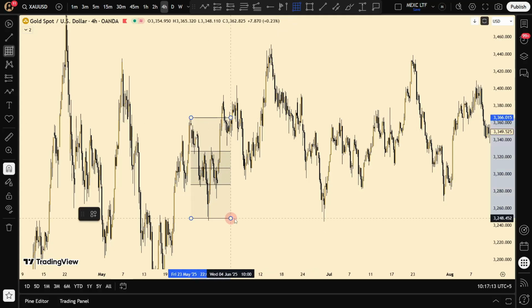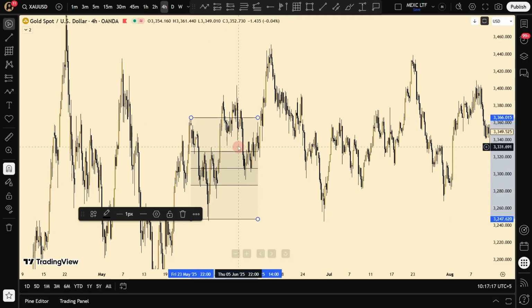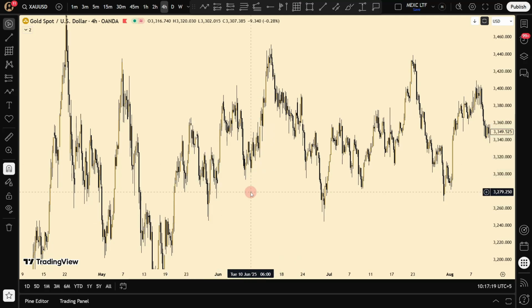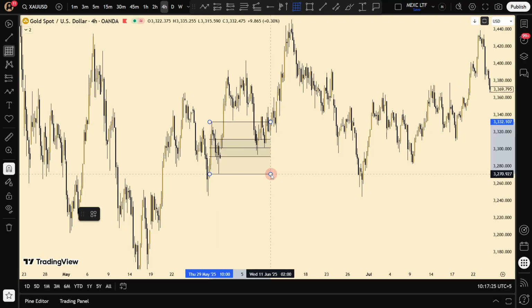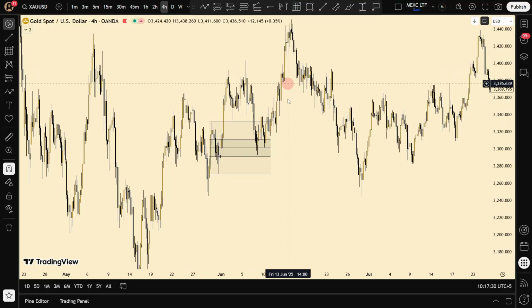Again, from here to here, it works. And obviously these are internal zones as well, the internal market structure, which we will go into in probably the next video. So again, this just works. It comes back in and it goes away.